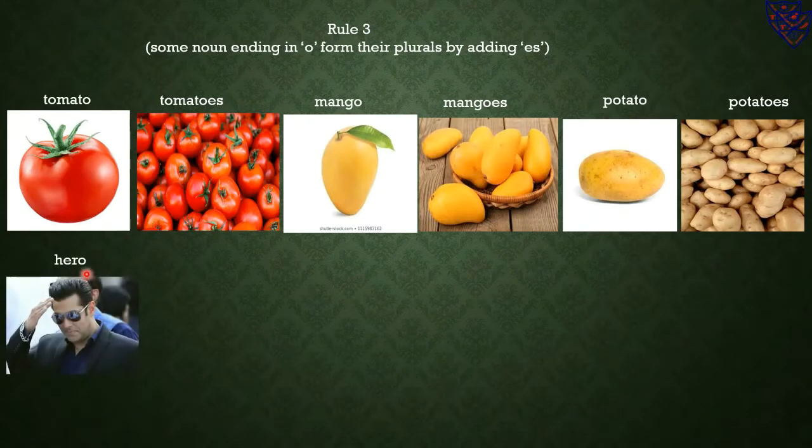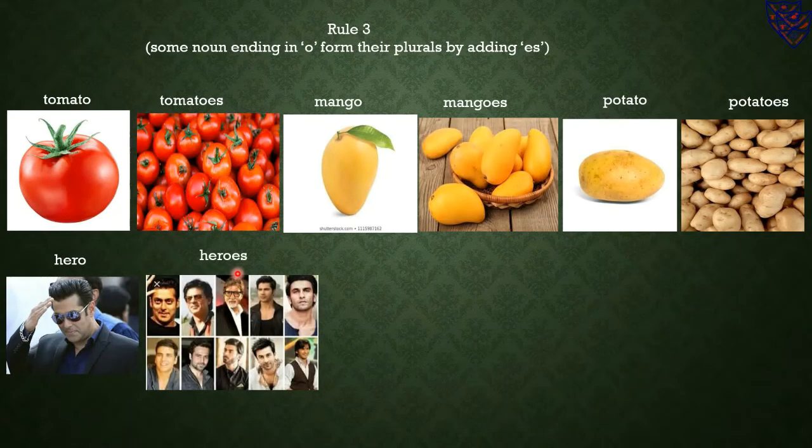Hero. At last o is there. Hero means one hero. And if we want to convert the singular into plural, we have to put es at last. Heroes. Heroes means many hero. Buffalo.